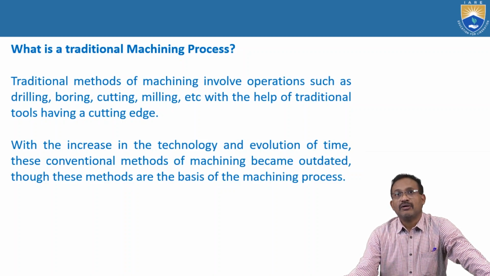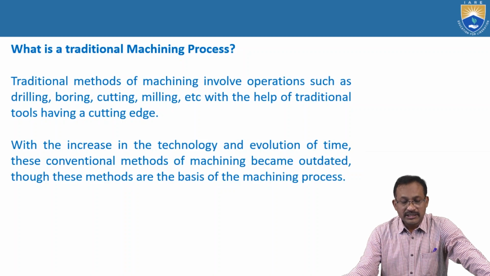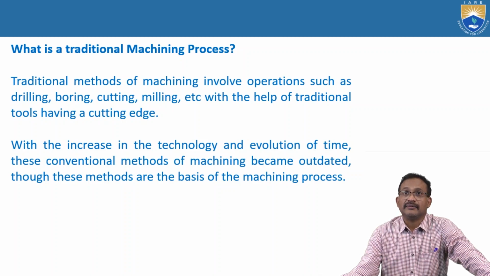Now let us see the traditional machining process. Traditional methods of machining involve operations such as drilling, boring, cutting, milling, etc. with the help of traditional tools having a cutting edge.